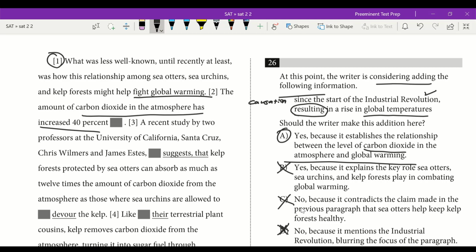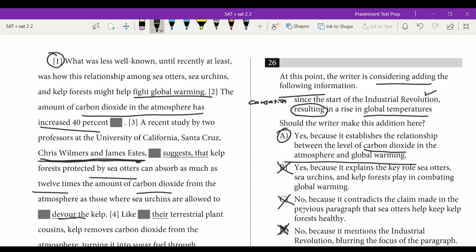All right. Now we have a recent study by 2 professors at the University of California, Santa Cruz, Chris Wilmers and James Estes. So I'm keeping that in the back of my mind. Now we have our 2 choices where we have our sentence we have to place in. Suggests that kelp forests protected by sea otters can absorb as much as 12 times the amount of carbon dioxide from the atmosphere as those where sea urchins are allowed to devour the kelp.